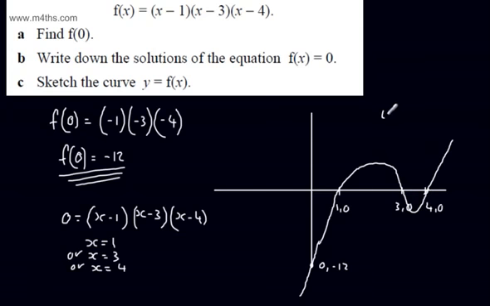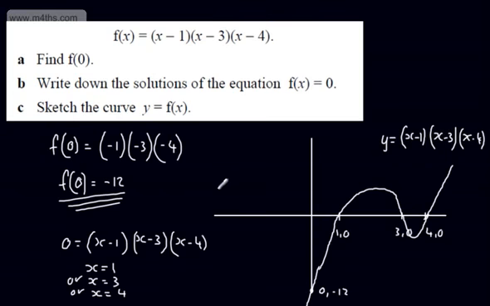So we can say y is equal to f of x, or y is equal to x minus 1, x minus 3, and then x minus 4. And we have the main pieces of information that we need. So a positive cubic equation, and we've got these three distinct roots: 1, 3, and 4.